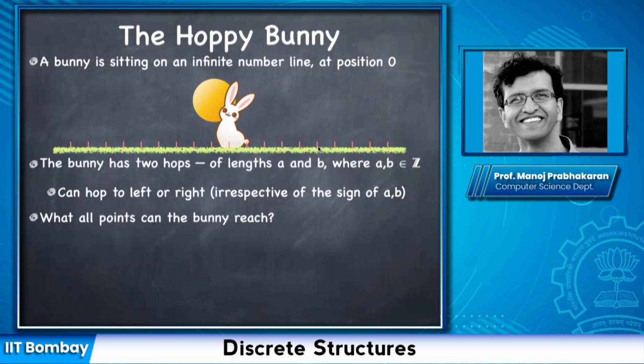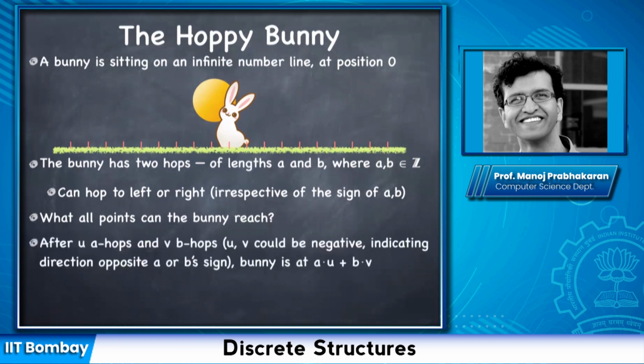Okay, so let's think about it. If the bunny jumped a lot, and you looked at the total number of a hops it made, let's say that total is U. This could be a positive or negative number. If it jumped 3 times to the right and 10 times to the left, it's as good as jumping 7 times to the left.